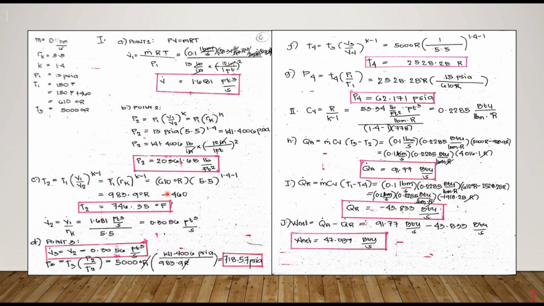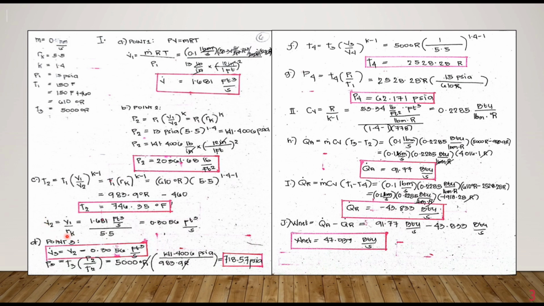So we have 610 degrees Rankine times 5.5 raised to 1.4 minus 1. So we have 983.9 degrees Rankine minus 460. So our T2 is equal to 746.35 degrees Fahrenheit.